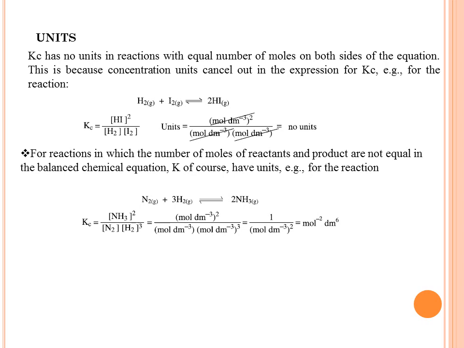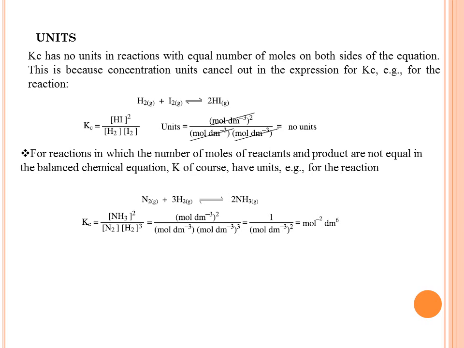While for reactions in which the number of moles of reactants and products are not equal in a balanced chemical equation, definitely Kc has units. For example, 1 mole of nitrogen and 3 moles of hydrogen react together to form 2 moles of ammonia. Now how many moles are present in the reactants?